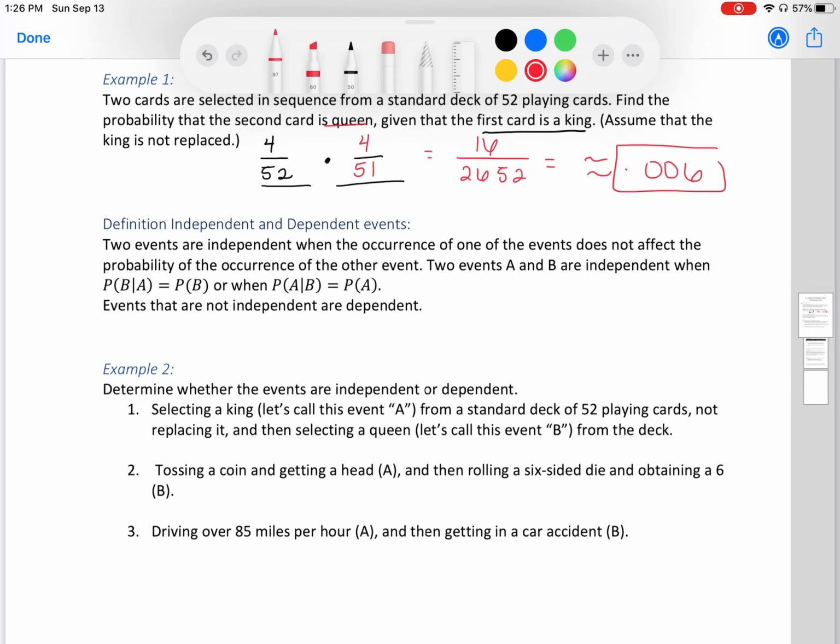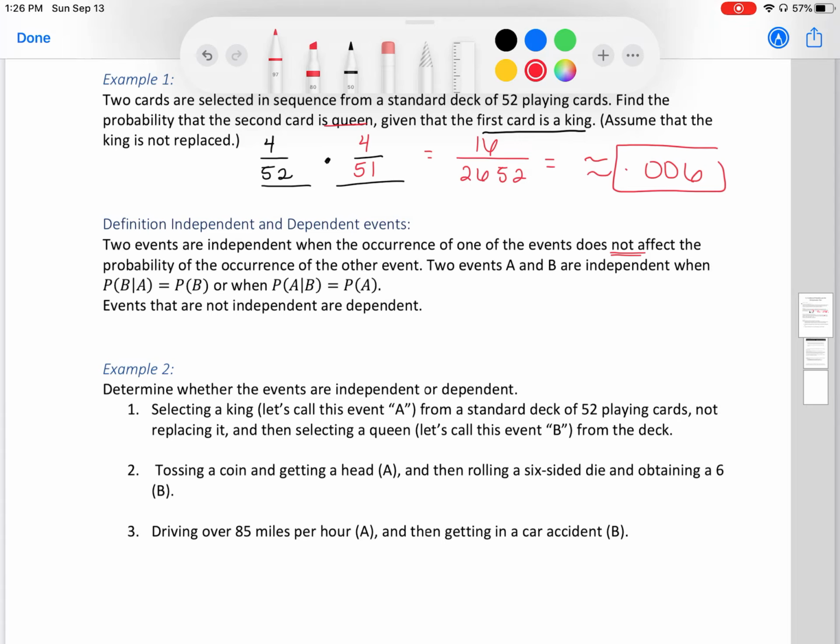Definition of independent and dependent events. Two events are independent when the occurrence of one of the events does not affect the probability of the occurrence of the other event. Two events A and B are independent if the probability of B given A equals the probability of B, or when the probability of A given B equals P(A).